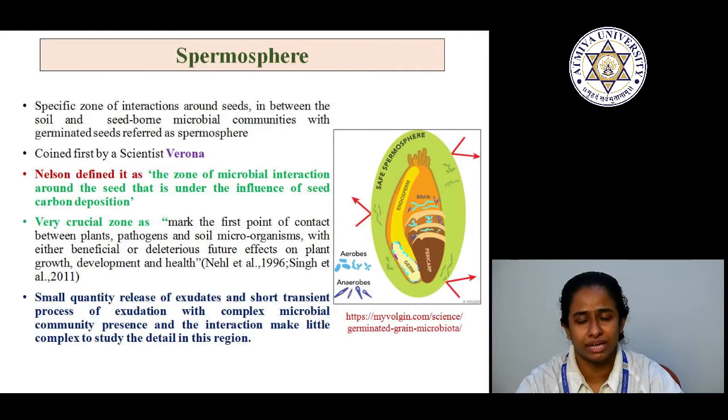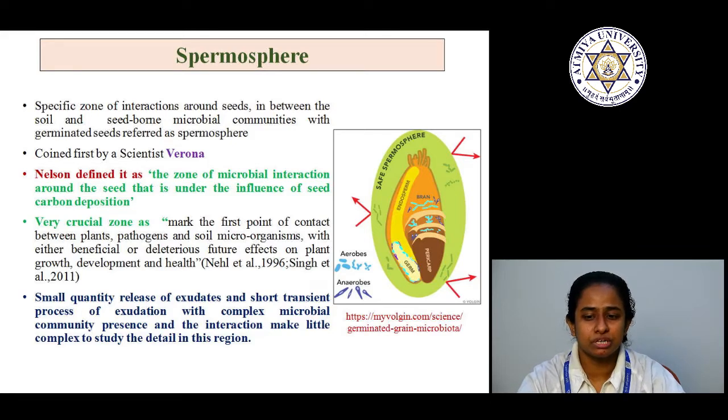Now spermosphere, what do you understand by this terminology called spermosphere? Sperm means the reproductive unit. So spermosphere means, you can see here at your right side, this is actually a seed. In that seed you can see the regions outside and inside the layer, where you can see, in between the soil or in the seed borne microbial community, especially in the germinated seed, the availability of different groups of microorganisms.